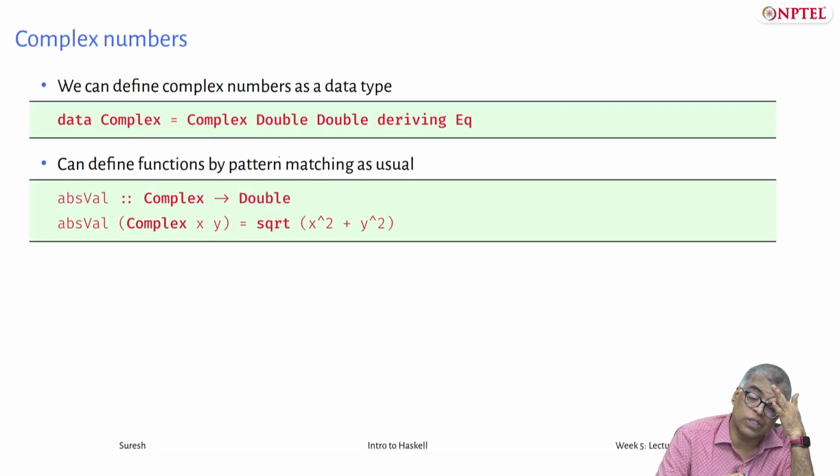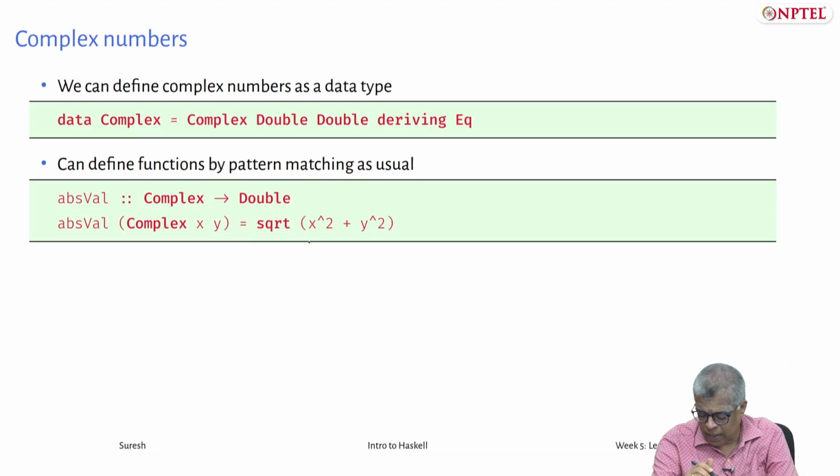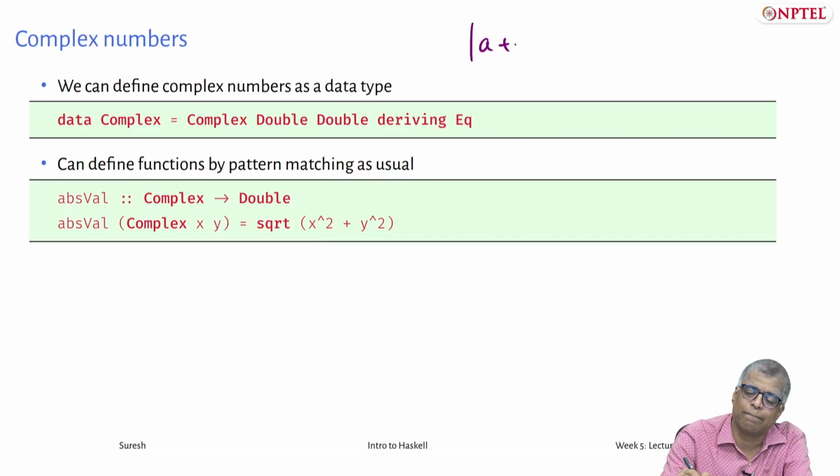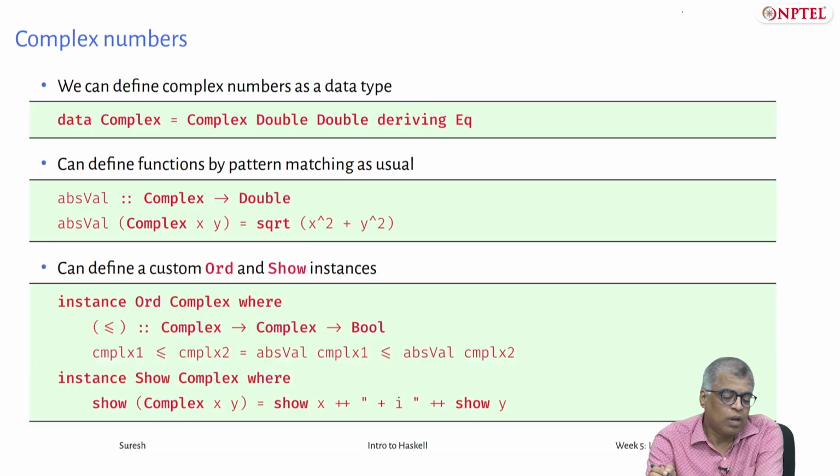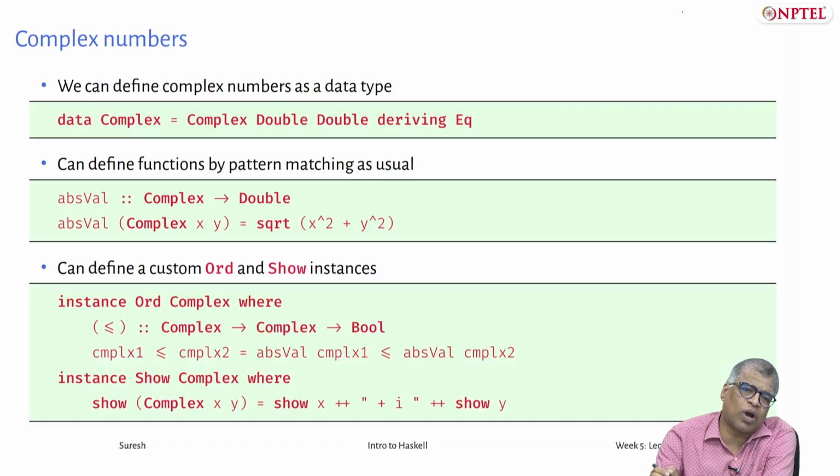And now I can define functions. Absolute value of a complex number is of type complex arrow double. Absolute value of complex x y is nothing but square root of x squared plus y squared. And you can define your own custom Ord and show instances.